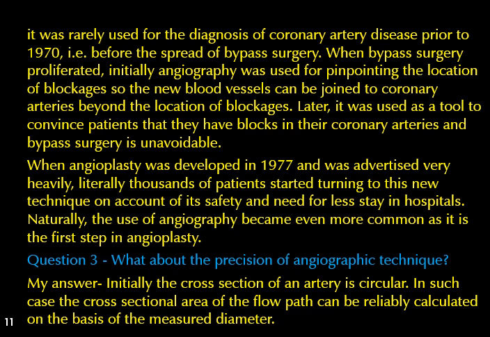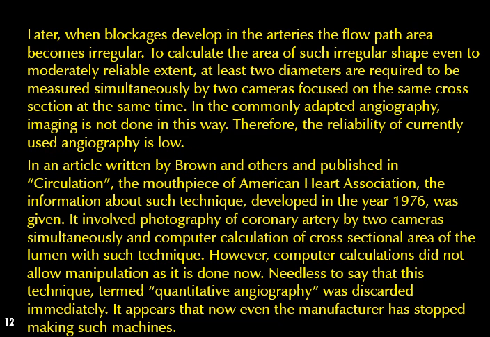Question 3. What about the precision of angiographic technique? My answer. Initially, the cross-section of the coronary artery is circular. In such case, cross-sectional area of the flow path can be reliably calculated on the basis of measured diameter. Later, when the blockages develop in arteries, the flow path area becomes irregular.